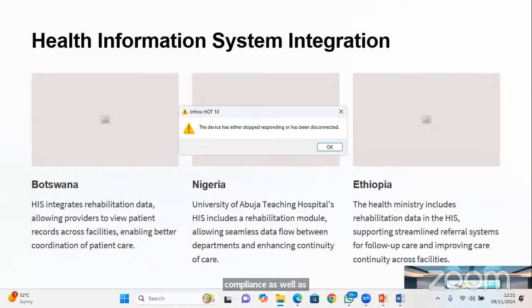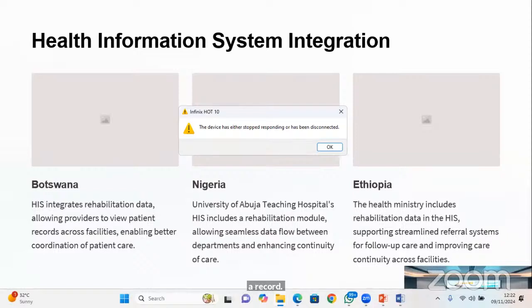So what they actually look at is the rehabilitation service facilities, whether they comply with the standards that are already set, and how accurate their data entries and records are, right?